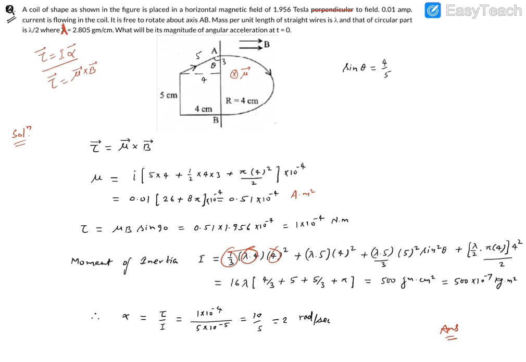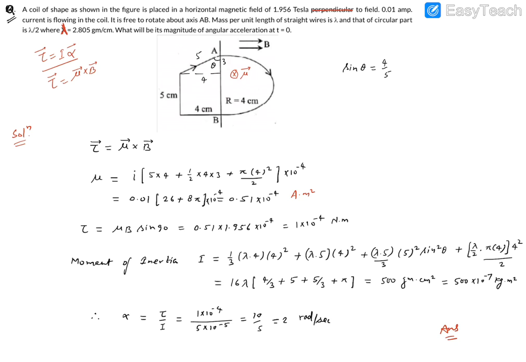So m is the mass per unit length into the length, so that's lambda into 4. And then you'll find length square, so length is 4 centimeters, so it's going to be 4 square. It is always written in terms of the given units, that means gram and centimeter, later on will be converted into SI. So initially it is CGS, right?